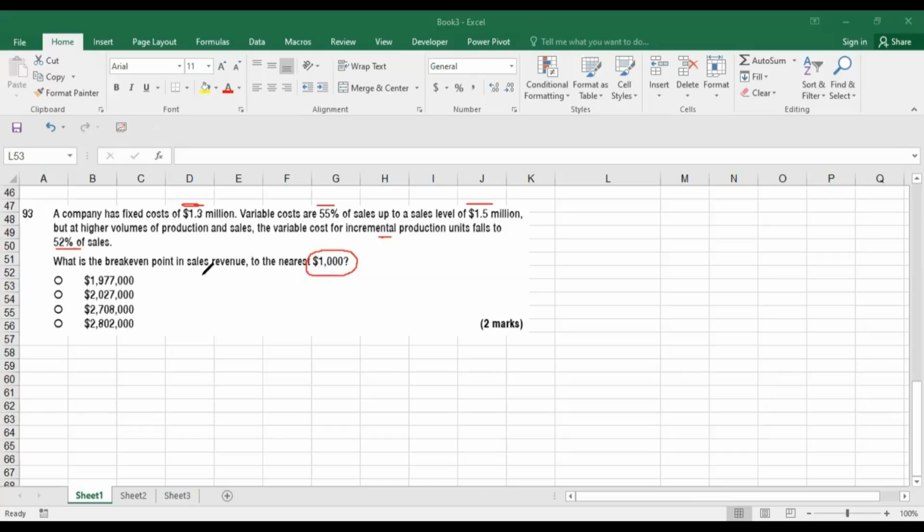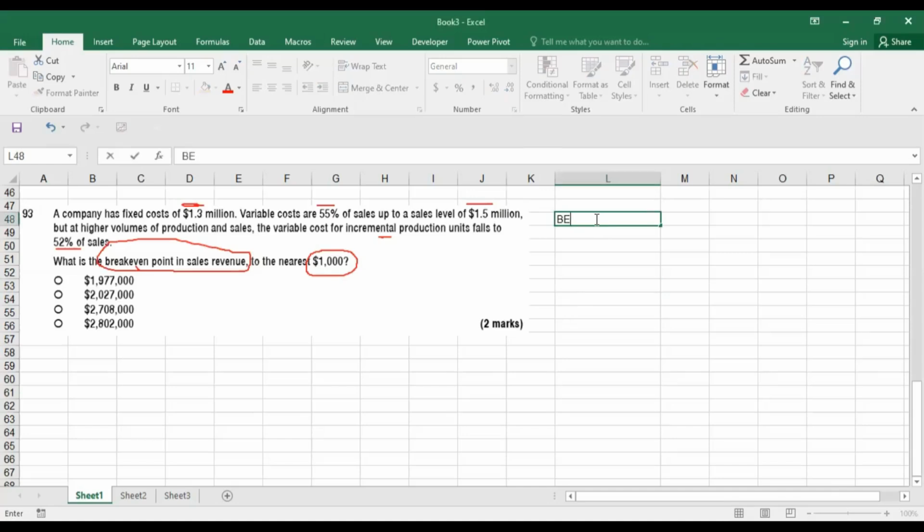So we have to calculate the break-even point in sales revenue, BER, based on the 1.3 million. If you remember the CS ratio, BER is break-even revenue.